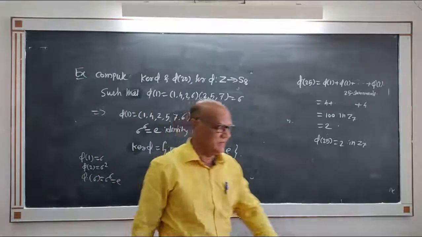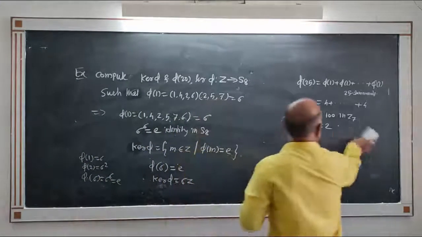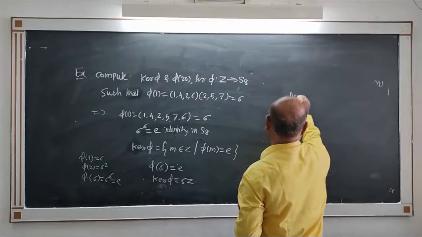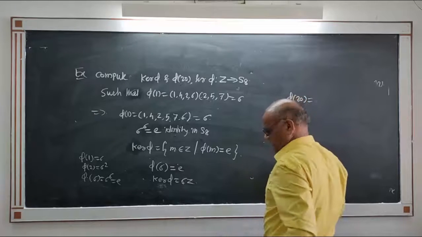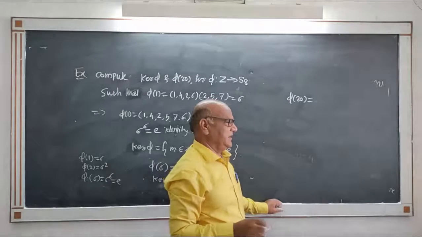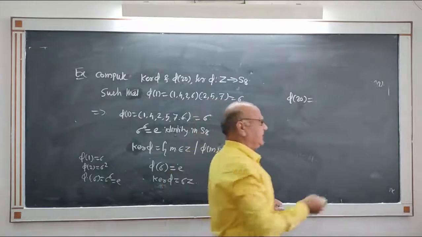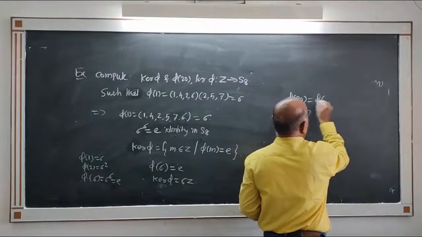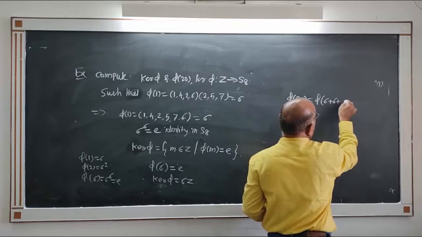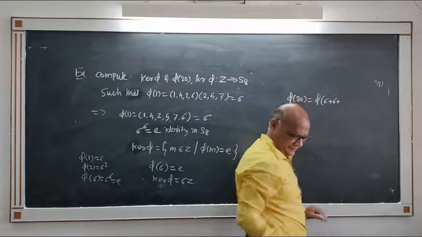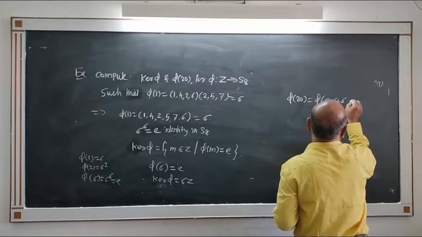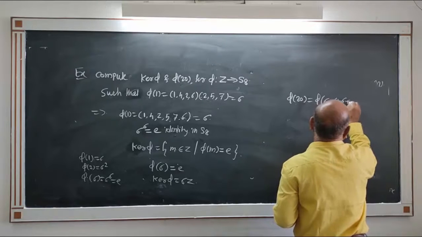Now, similarly, compute phi of 20. Phi of 6 is identity. Phi of 20 can be written as 6 plus 6 plus 6 plus 2.